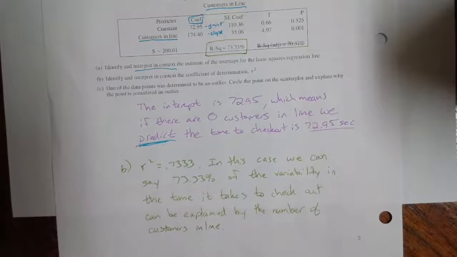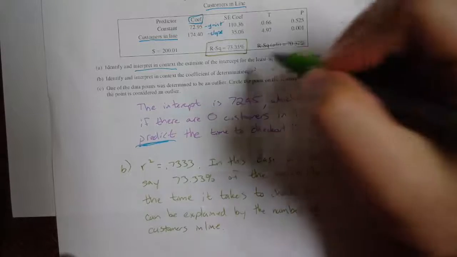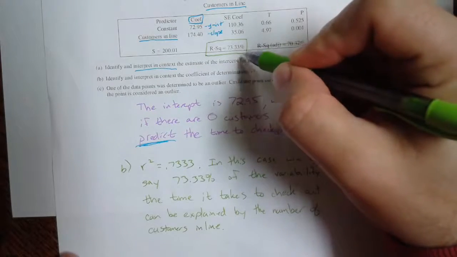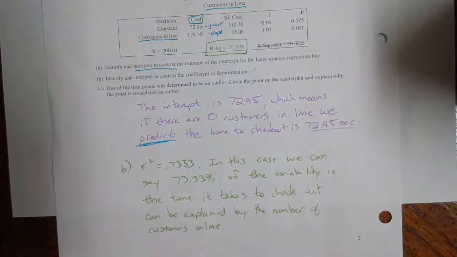And in general, that's what r squared always tells us: how much of the variability in the y variable could be explained by what we're measuring for the x variable. So in this case, it's really just knowing where to read that number and then how to turn that into a context in this situation.